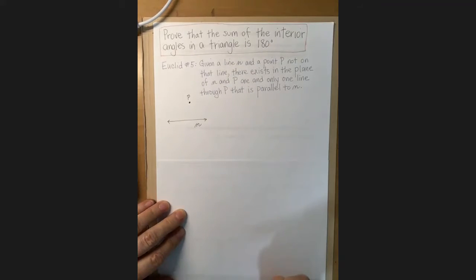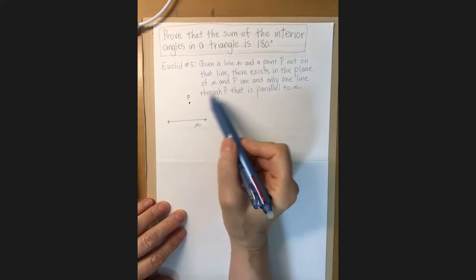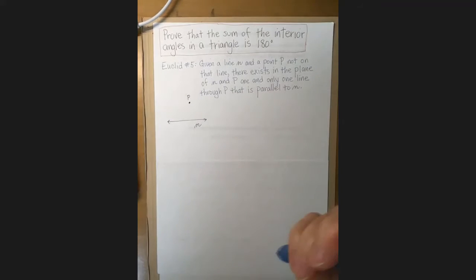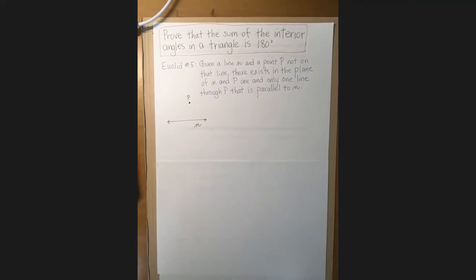Remember, planes have width and length, but no depth. So this says that there exists a line through P parallel to N, one and only one.